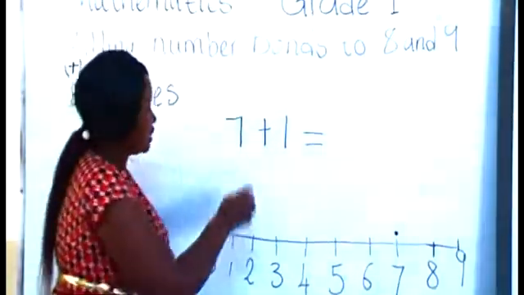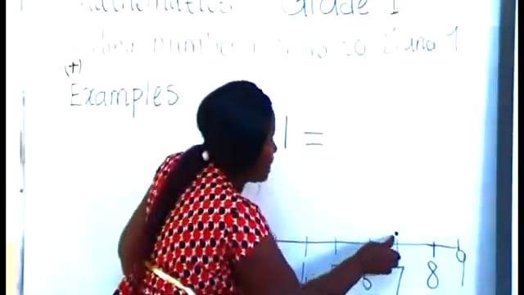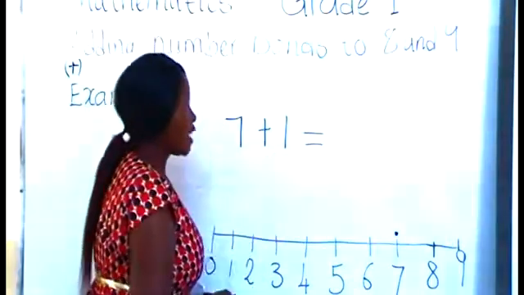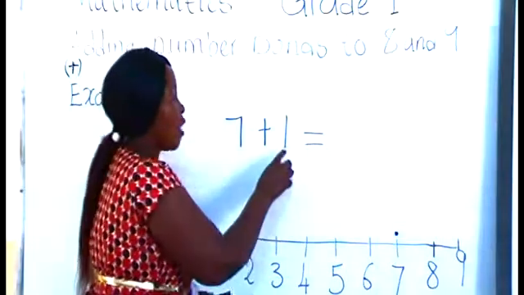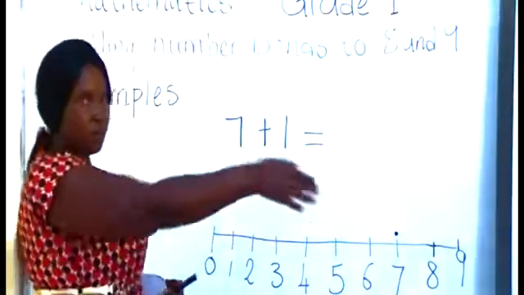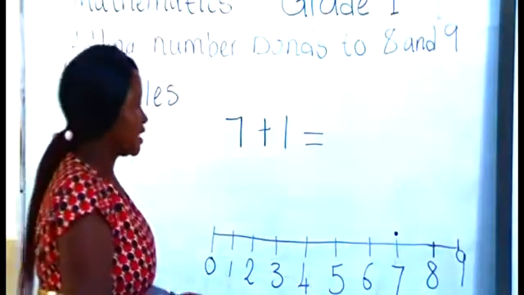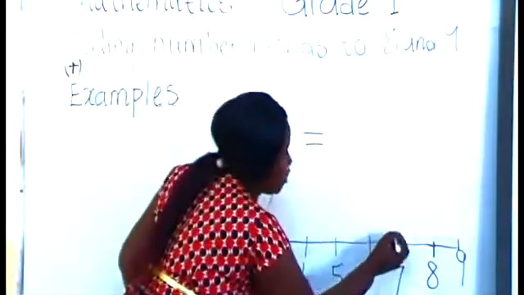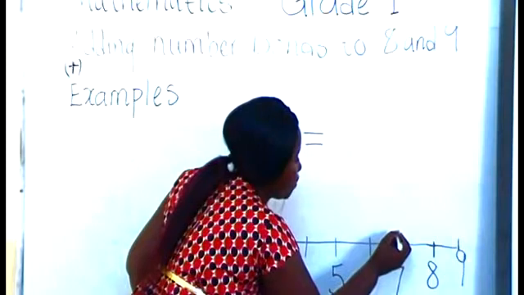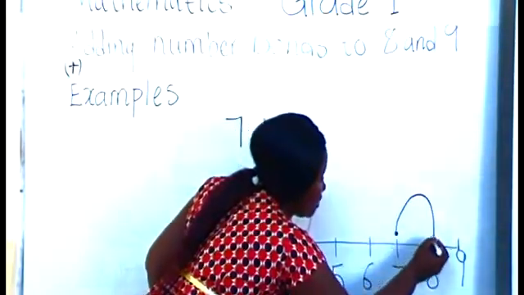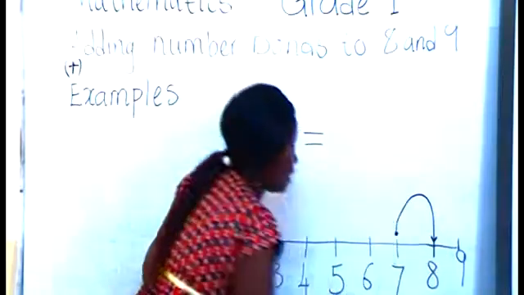Since we are already at number 7, we are told to add 7 plus 1. So we are going to move one step forward, in the right direction. In this case, we make one hop.